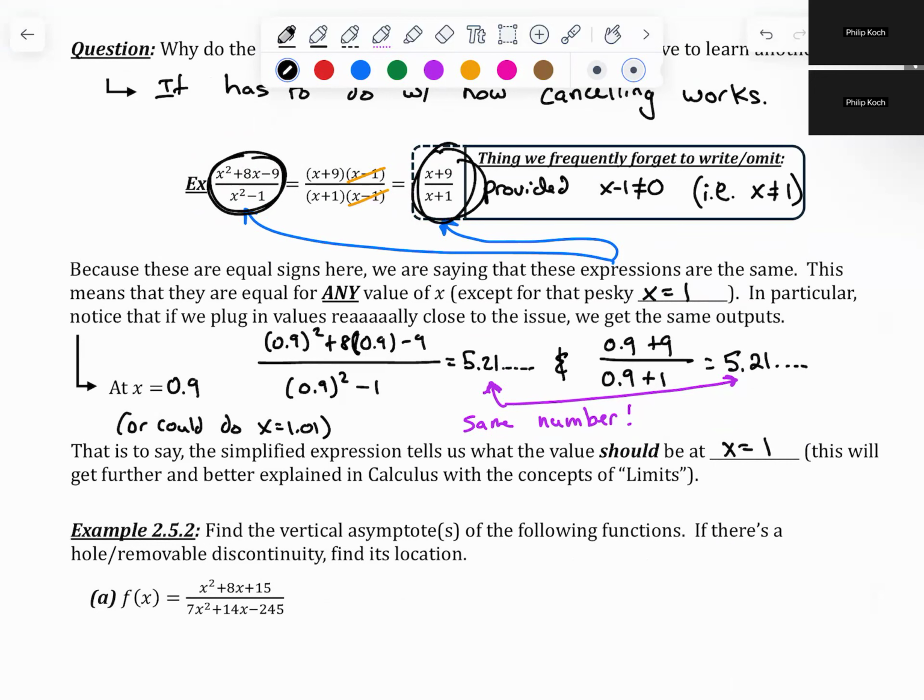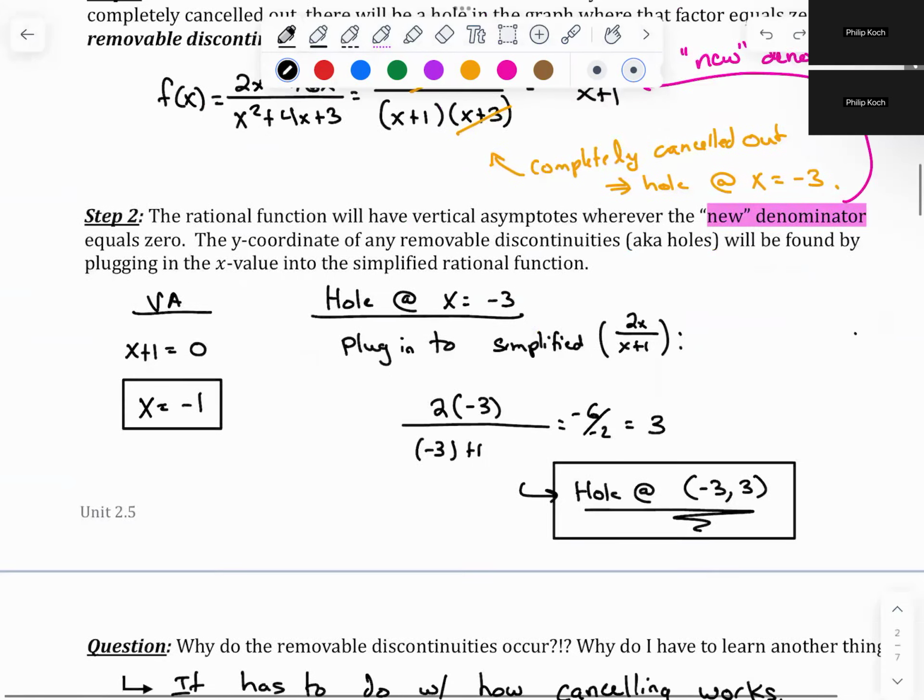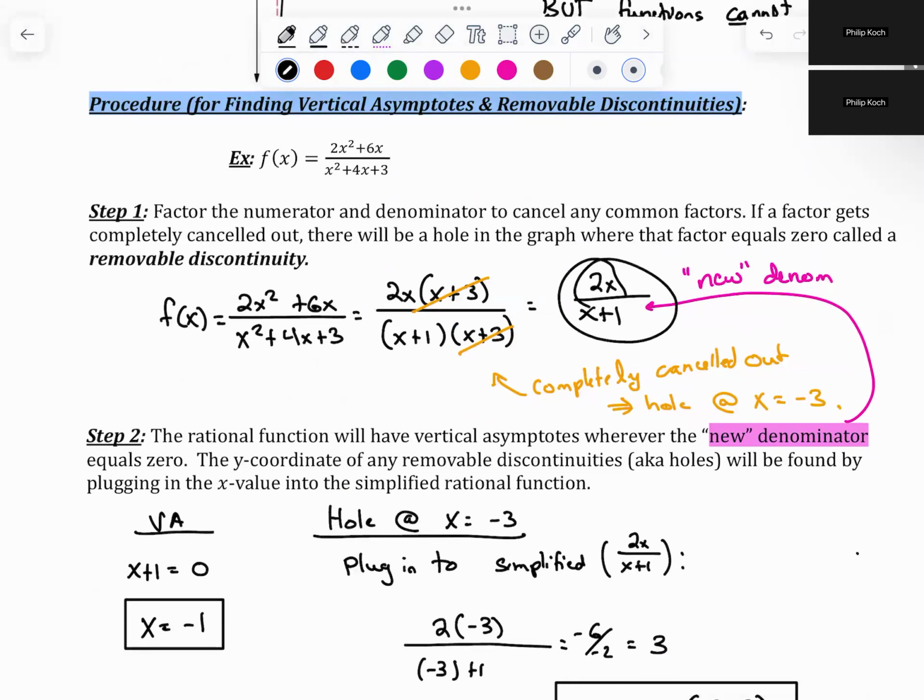So reason would suggest that if I plug in 1 into this version, I should get what this would be at 1. That's what's going on here, is that the simplified version tells me what it should be at 1. In the same fashion, going back to our previous example here, plugging in -3 into this expression tells me what this function should be at -3, but can't be because you get 0 over 0 when I plug in -3.